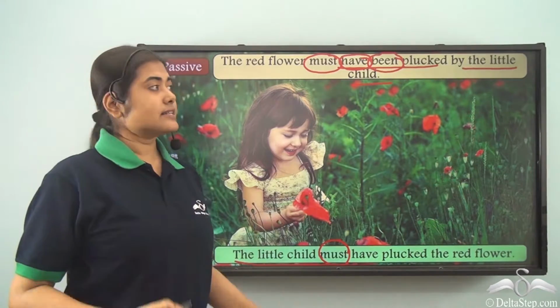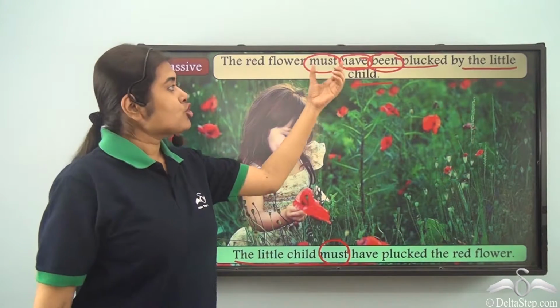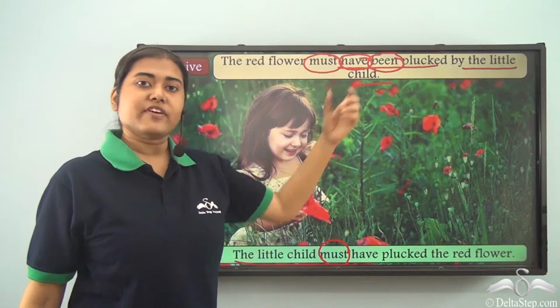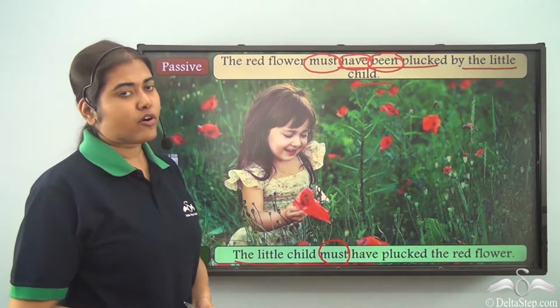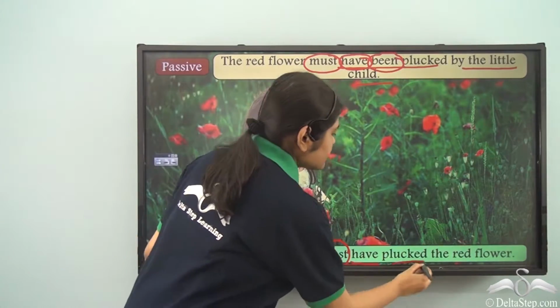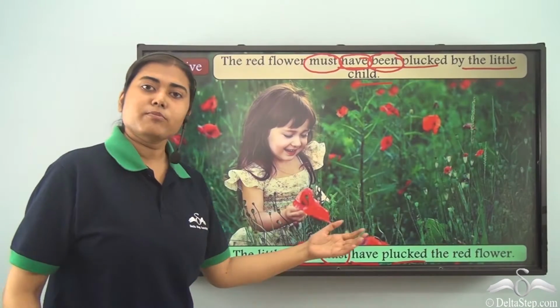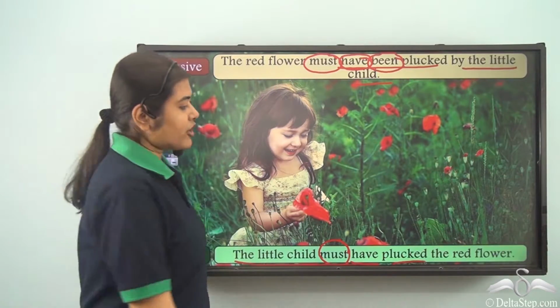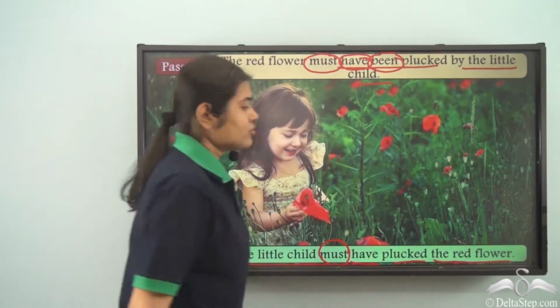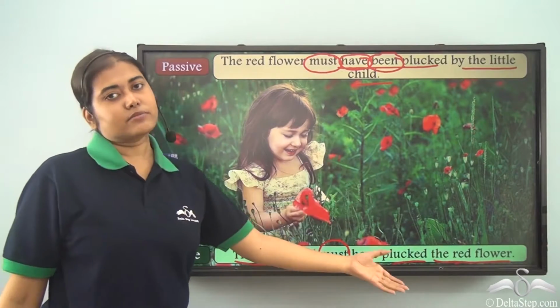Have tells us that it is in the present tense. So it is a present perfect tense. So in the active voice, what will be our present perfect form? Have plucked. Now what is the object? We simply put the subject of the passive voice after the verb. So the red flower becomes the object.